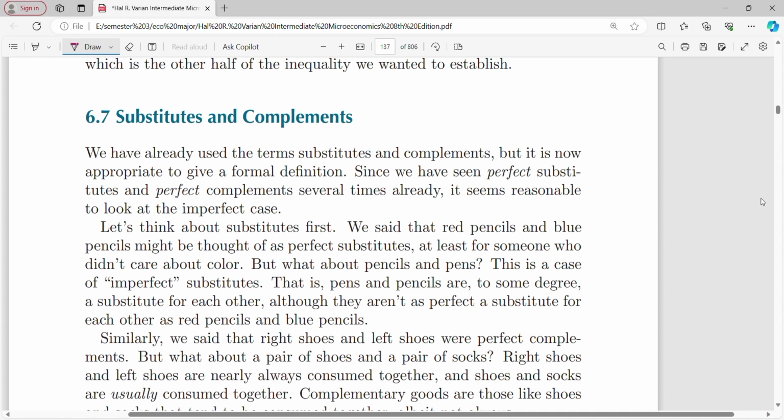On the other hand, if the demand for good 1 goes down when the price of good 2 goes up, we say that good 1 is a complement to good 2. That is, when the demand for cars goes down when the price of petrol goes up. That is a real life example.